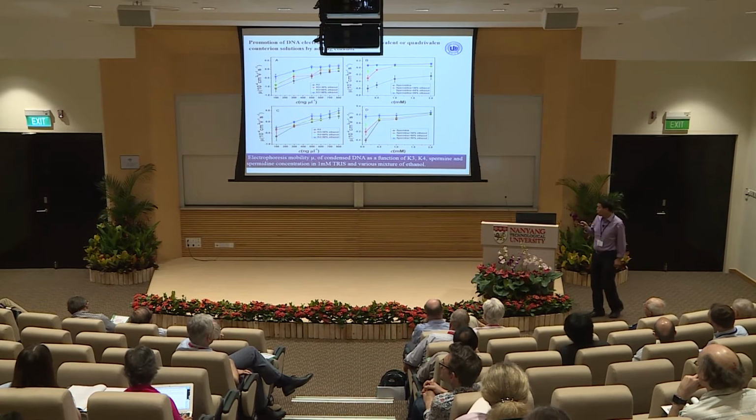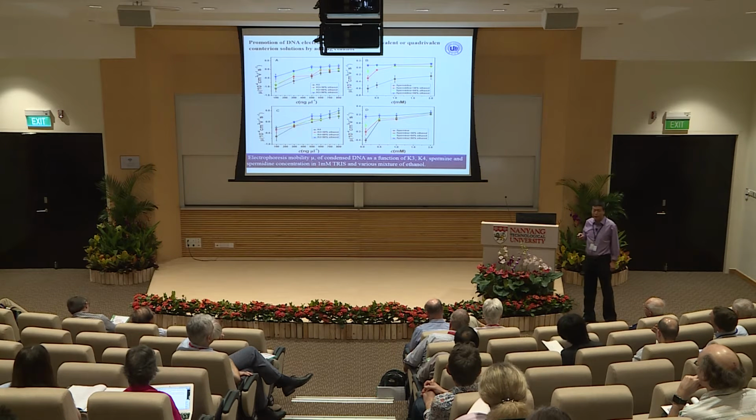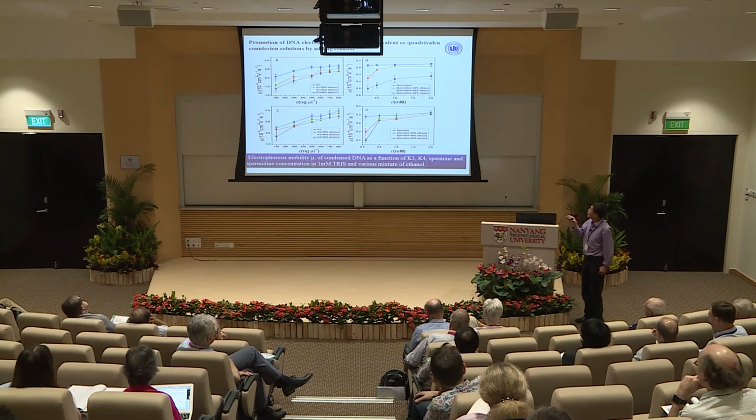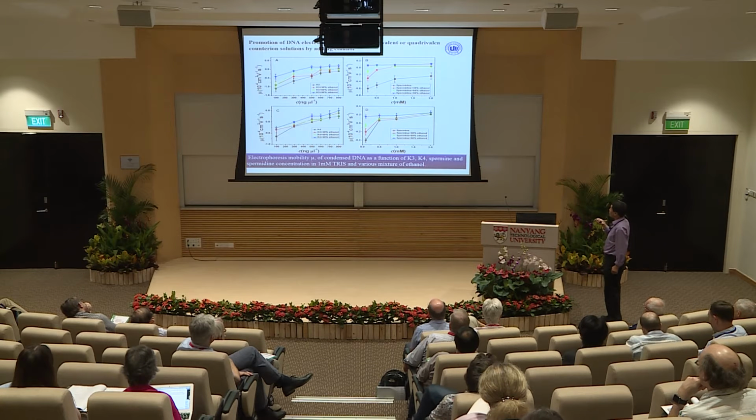For example, you can see here, this is K3, which means we use the polylysine. K3 is 3 lysine peptide, and K4 means 4 peptide.